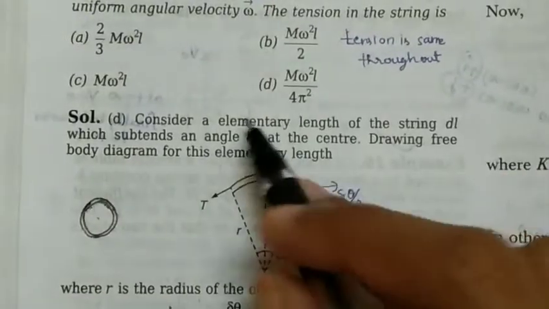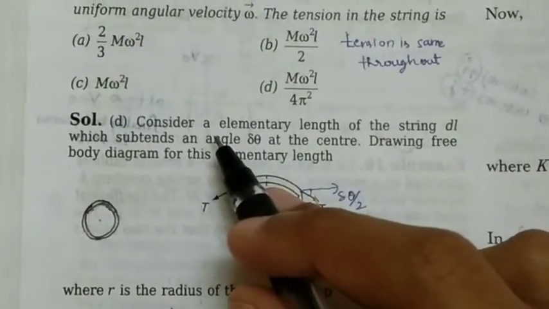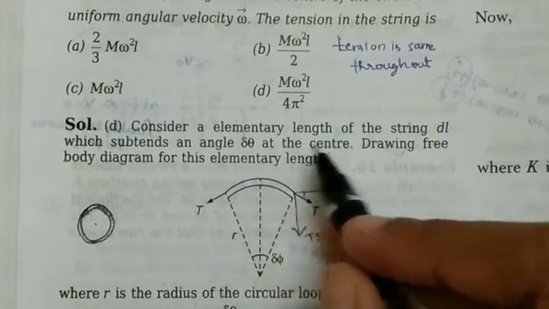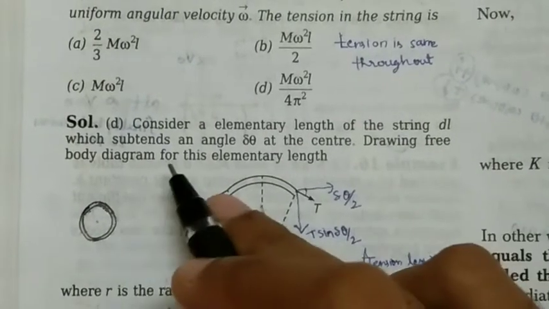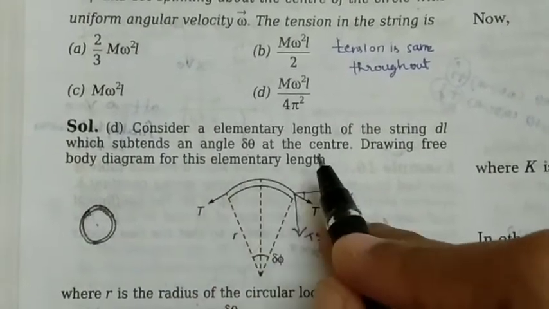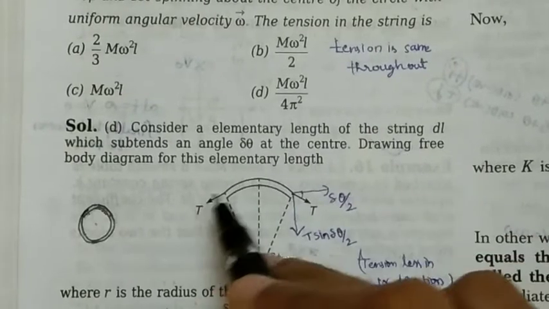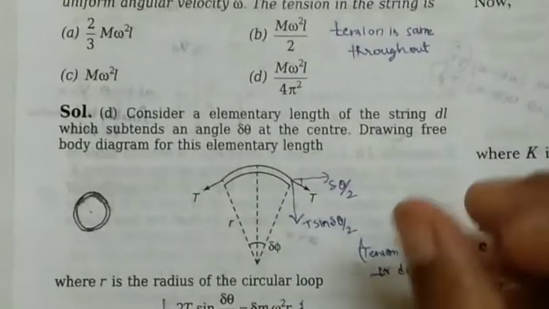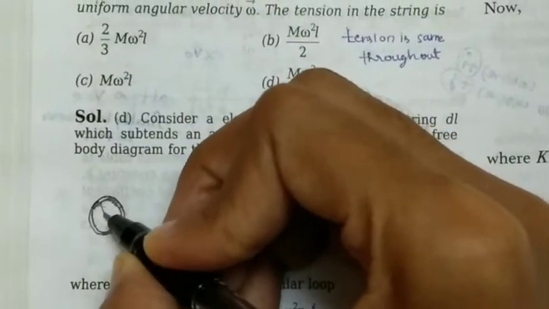Now in order to solve this, consider an elementary length of the string dl which subtends an angle delta theta at the center, and draw a free body diagram for this elementary length. So we need to consider a small length of the string. This is the entire circular loop, and we consider a small portion like this.